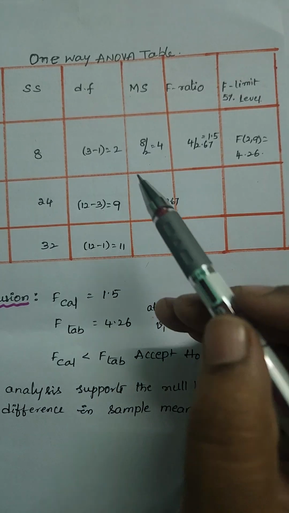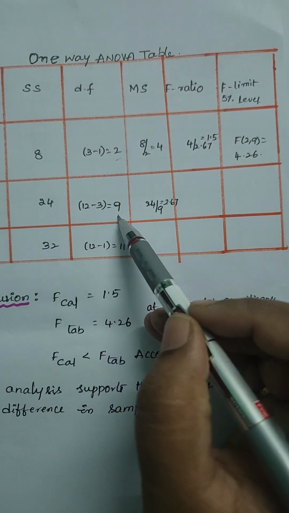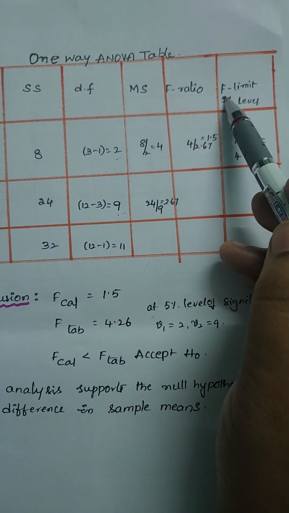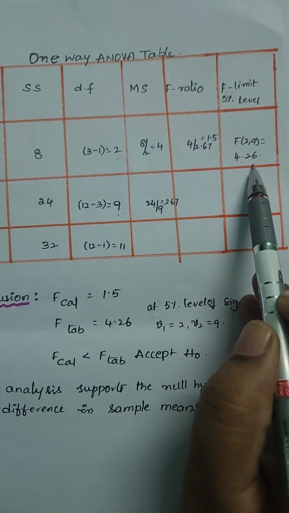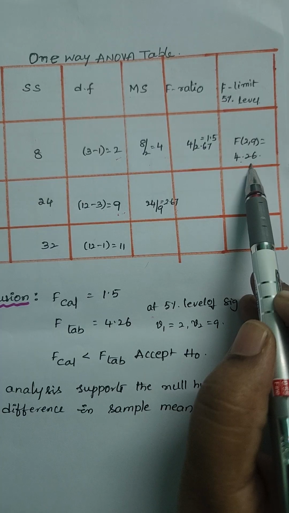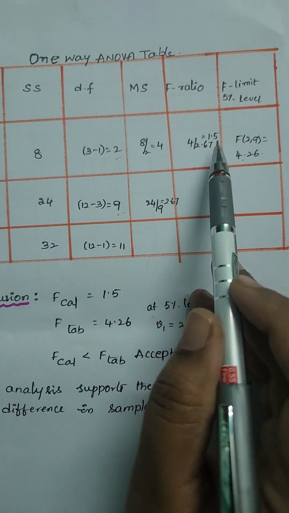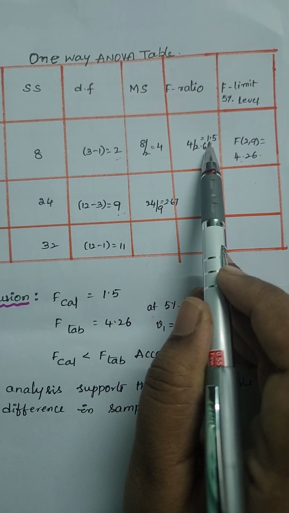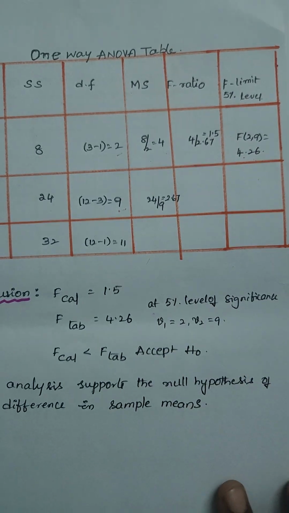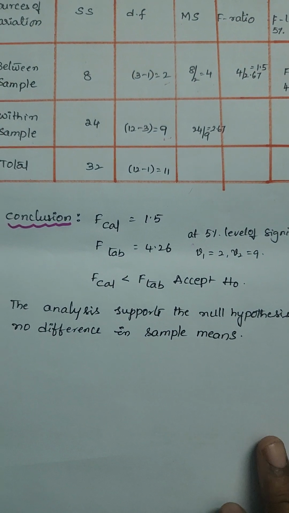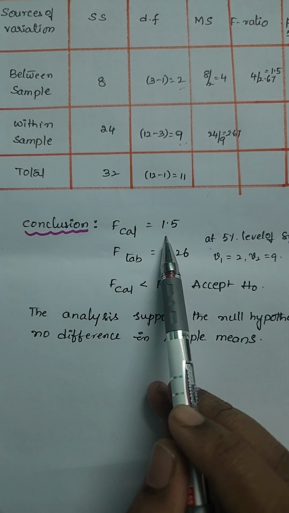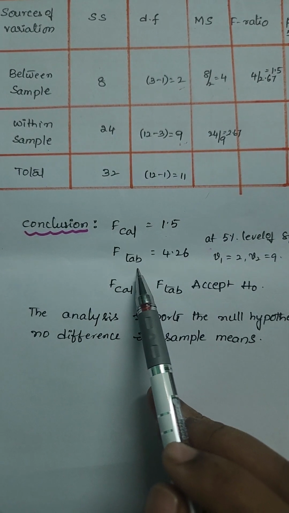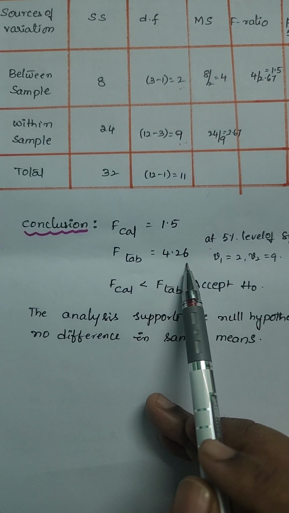For the degrees of freedom 2 and 9, the F standard table value is 4.26. This is from the standard table of F. And here the F ratio calculated value is 1.5. So what is our conclusion? F calculated value is 1.5, F tabulated value is 4.26.